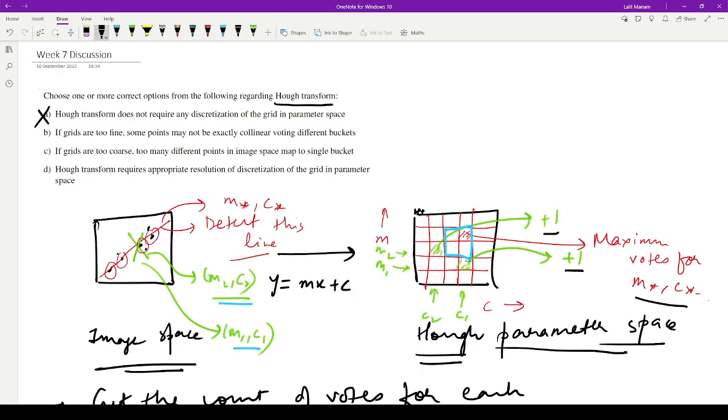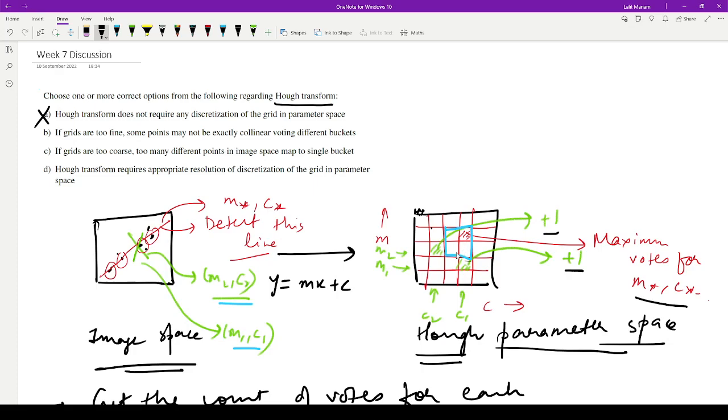Oh, we will get, right, sir. If the discretization is very small, then the blue color box will be spread out so that we can find the maximum. Is it like that? Yeah, okay. But we only need a single block. We don't need multiple blocks.